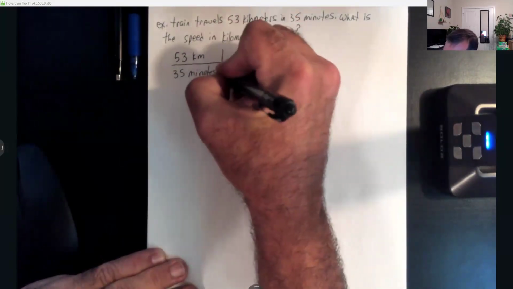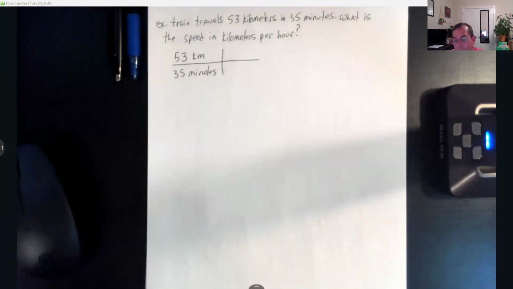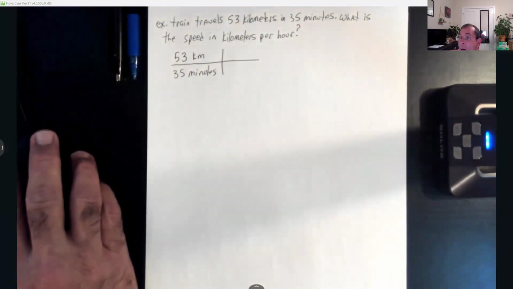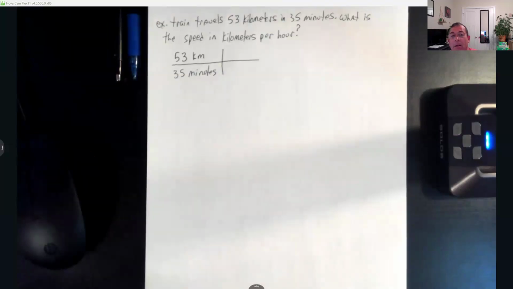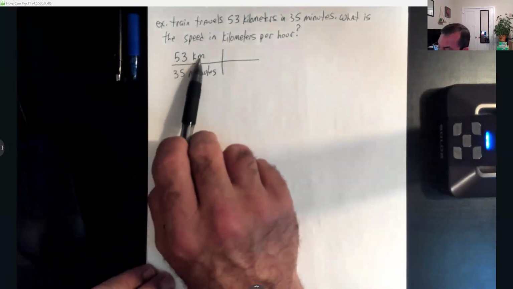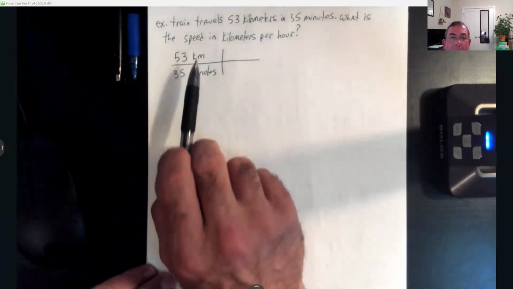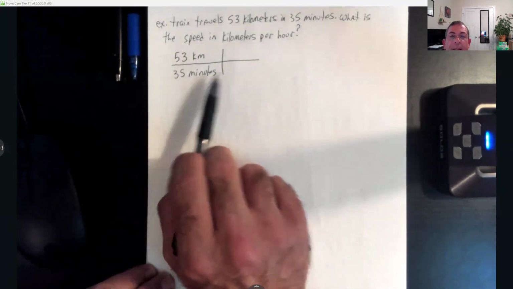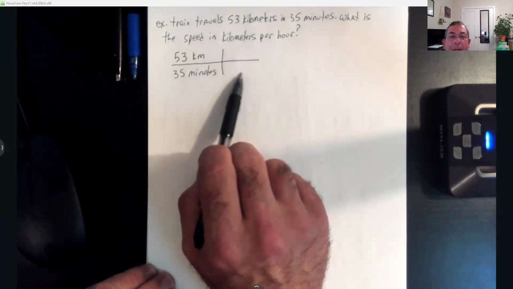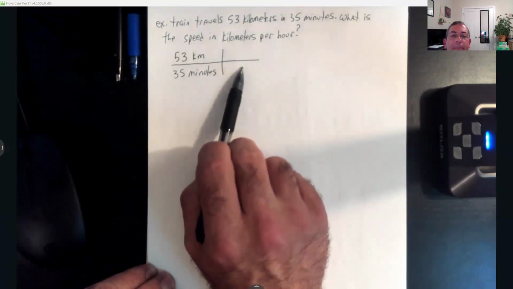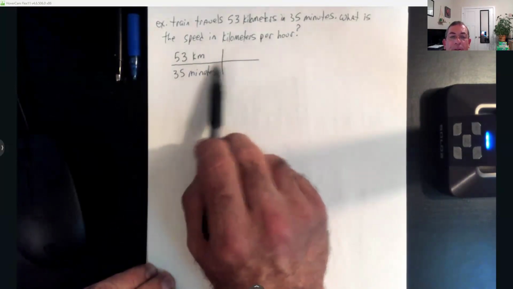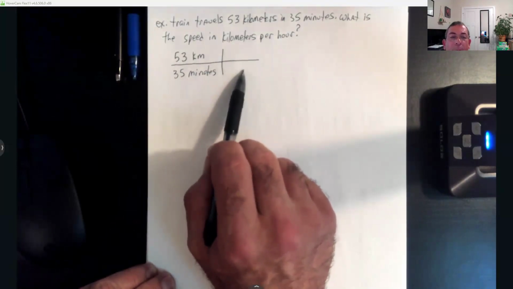Now, they want it to end up as kilometers per hour. So we don't have to change the kilometers. We need to keep that. What we need to do is turn these minutes into hours so that our hours are on the bottom, okay? Because remember, per means you're sort of dividing. That's why it goes to the bottom.